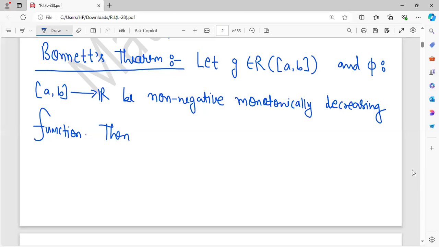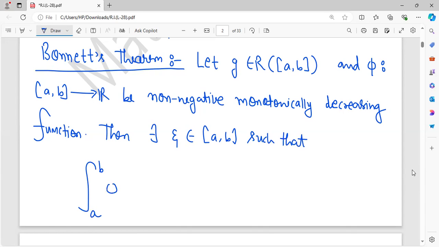Then there exists xi belonging to [a,b] such that the integral from a to b of phi g is equal to phi(a) times the integral from a to xi of g(x) dx.